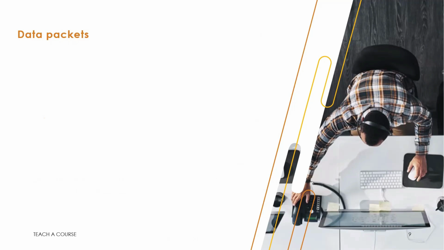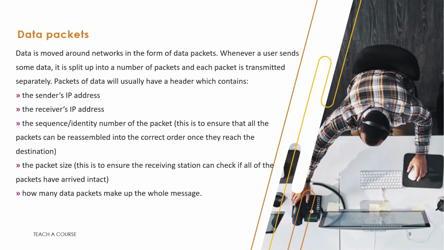So your data is broken down into packets. A data packet has the following information: it has the header, and then it has the data. The header of a data packet contains the sender's IP address, where the data is coming from, the receiver's IP address, the destination of the data, then the sequence or identity number of the packet.